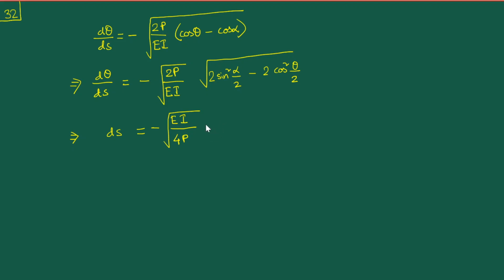So this actually will come in the denominator, but please note that ds is going that side, and this entire thing is going to the denominator here, and the d theta is present here, and this is left as sine square alpha by 2 minus sine square theta by 2.